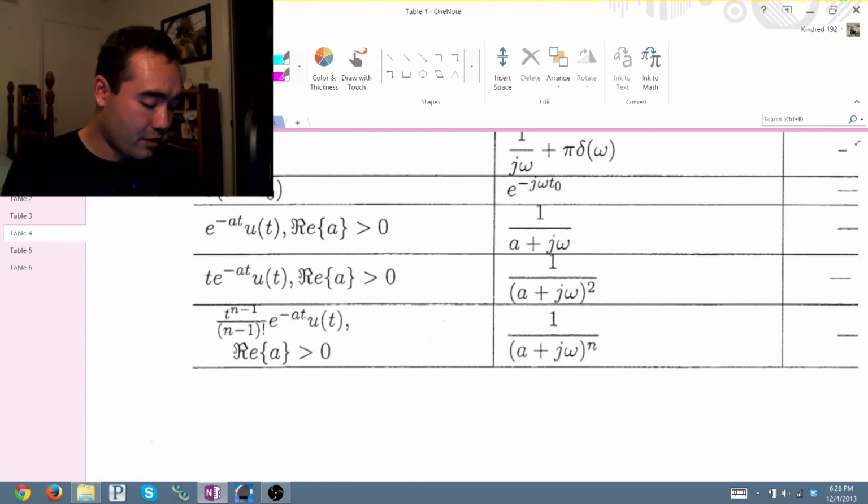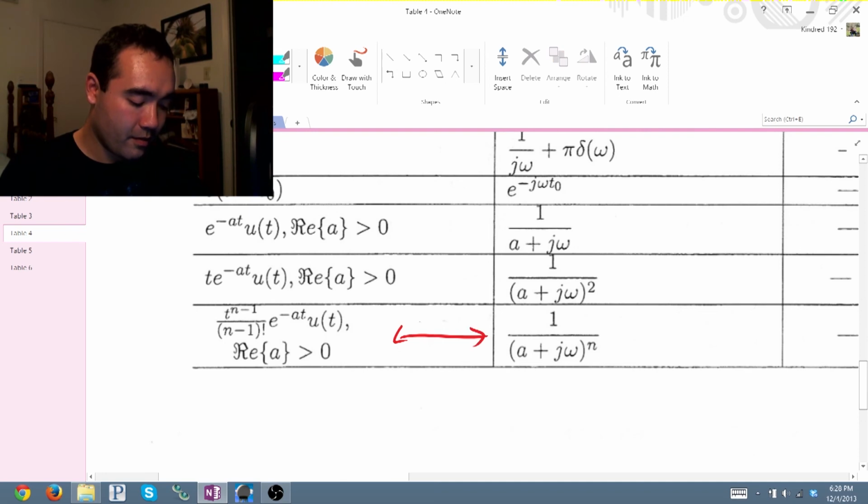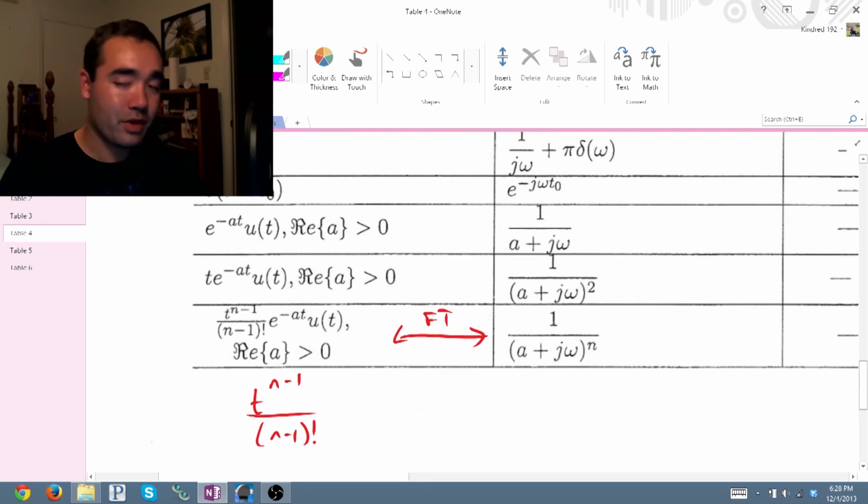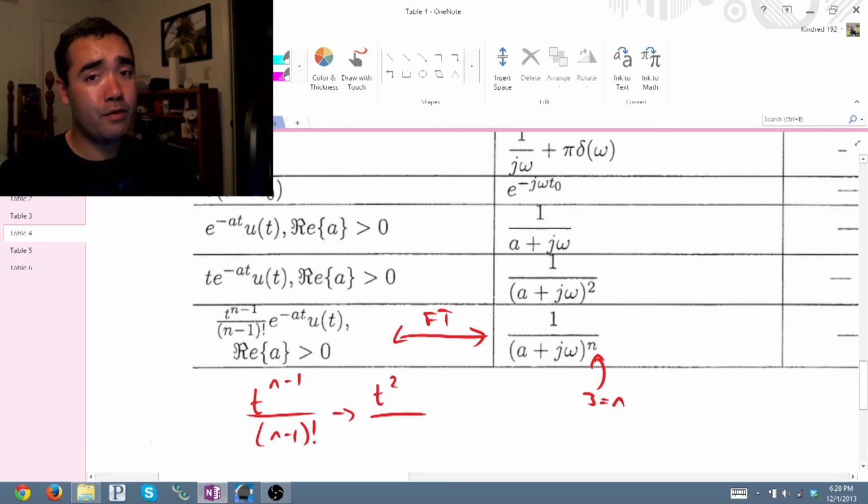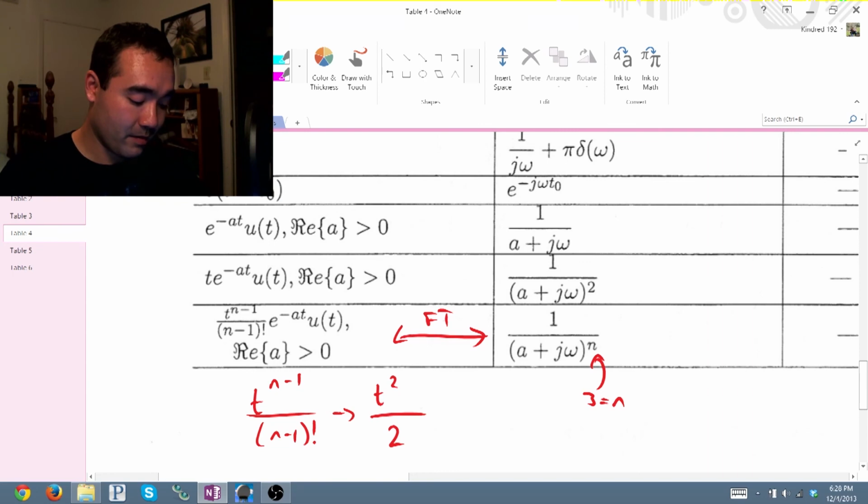If we go in this direction with our Fourier transform to the left here, we end up with t to the n minus 1 over n minus 1 factorial. So the power of n in our case is 3. That means this becomes t squared over 2 factorial, which is just 2 because it's 1 times 2, and then e to the negative at times u of t.